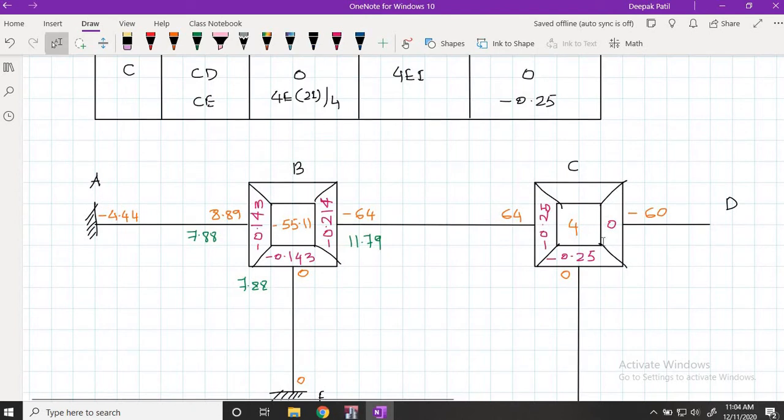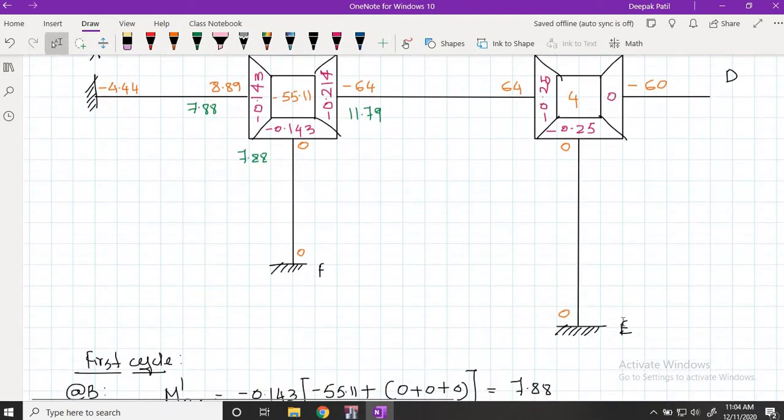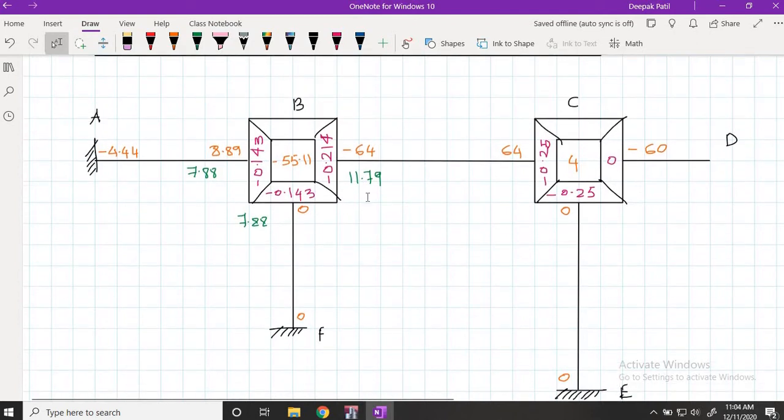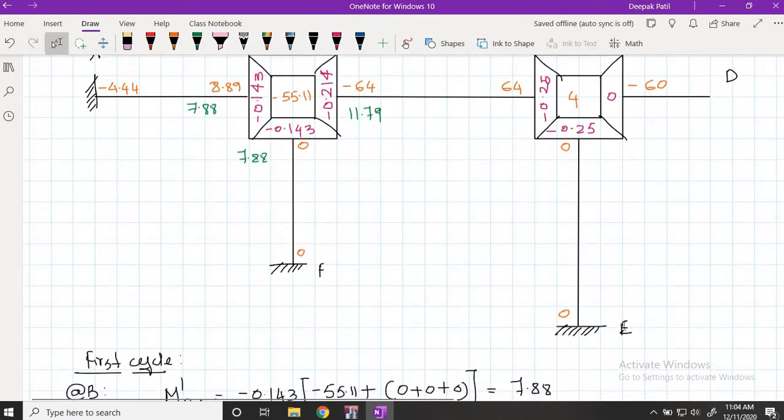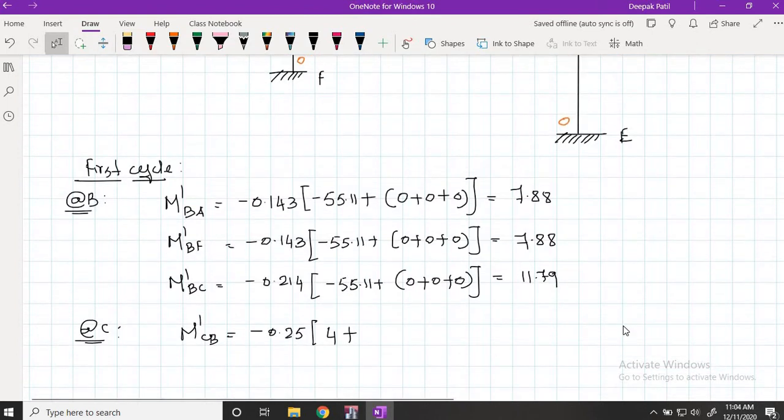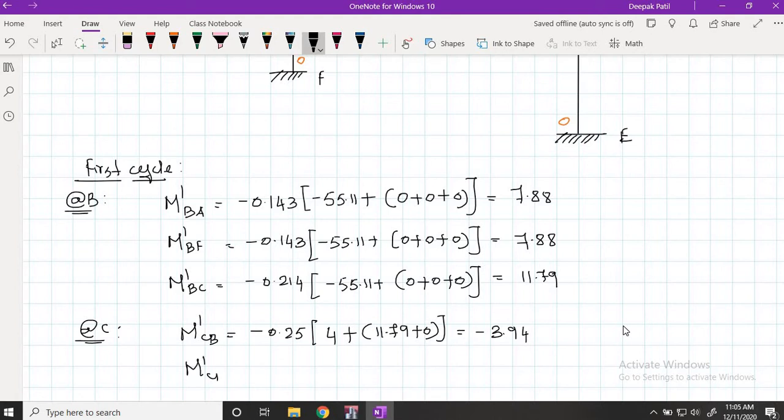Now at joint C, the far ends are B, E and D. At B we have already calculated the rotation contribution, which is 11.79, and E is a fixed support, so it is 0. This comes out to be minus 3.94.